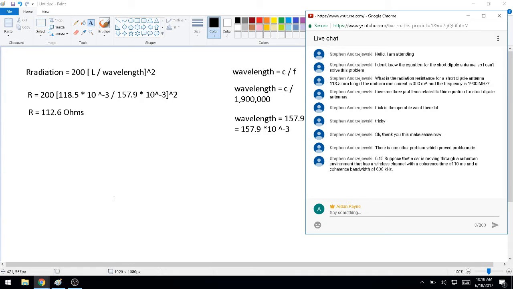Alright, so the big thing here, let me see if I can pull up the example. The thing about this question is it's basically asking you to tell what sort of fading is occurring in this particular environment. So let me bring up the original question.